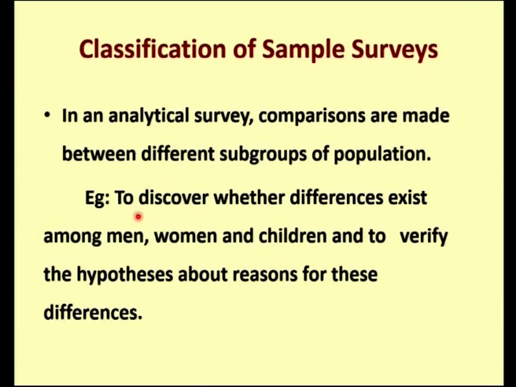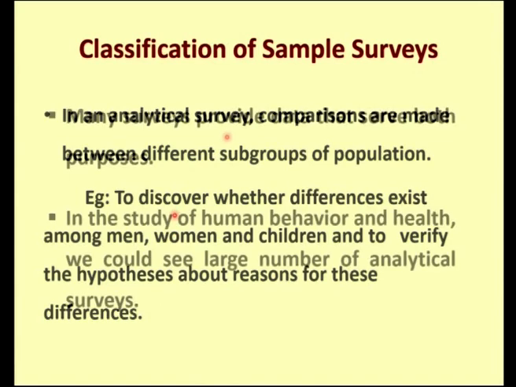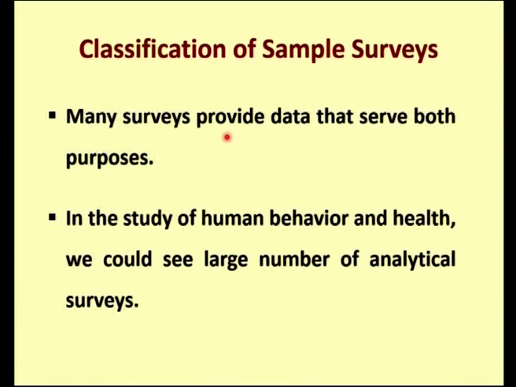So, that is the example, to discover whether differences exist among men, women and children, and to verify the hypothesis about reasons for these differences. So, this is the analytical survey, and many surveys provide data that serve both purposes, but in the study of human behavior and health we see a large number of analytical surveys.